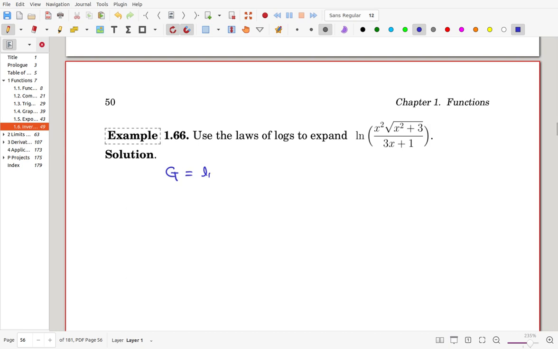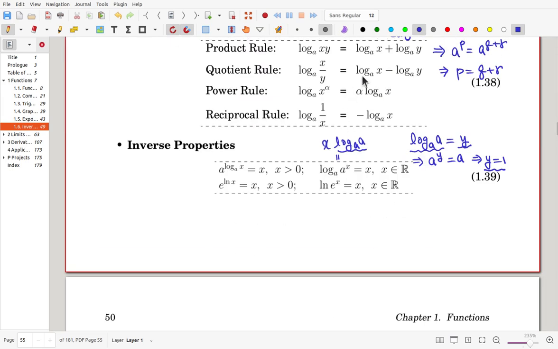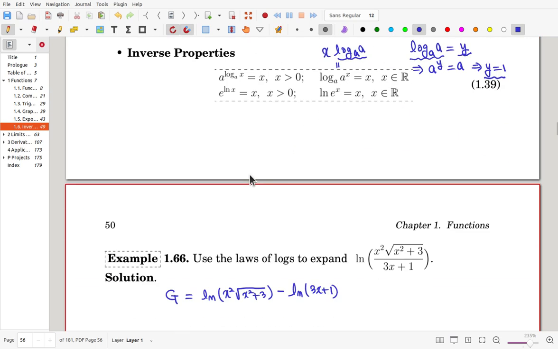Now, the natural logarithm of the numerator x squared times the square root of x squared plus 3, and the denominator along with the negation, the natural logarithm of 3x plus 1. We use the formula over here, that one.